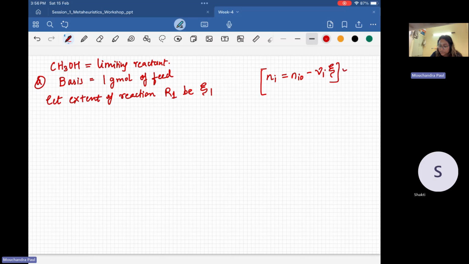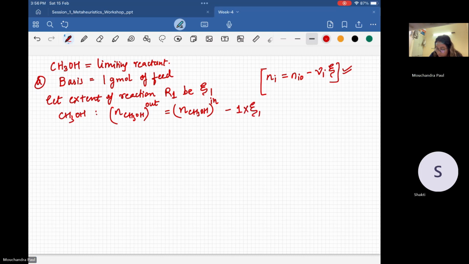If we apply this particular expression for the species methanol, what we get is methanol that is coming out equals methanol that is going in minus stoichiometric coefficient 1 times xi1.